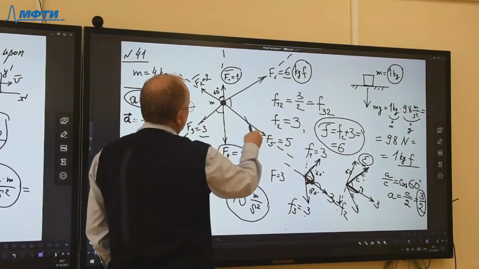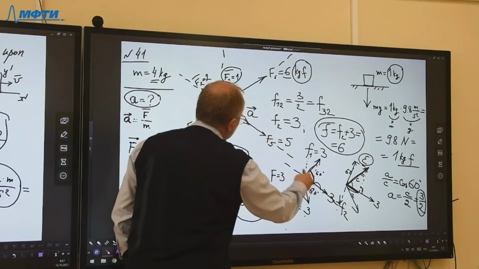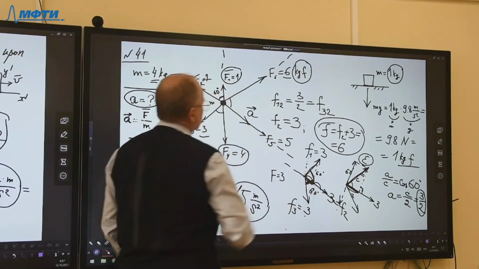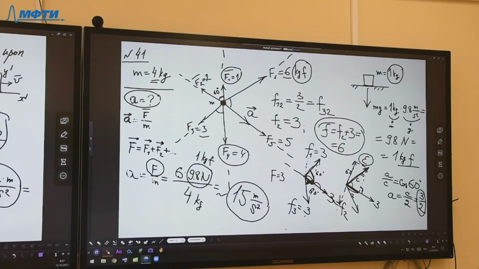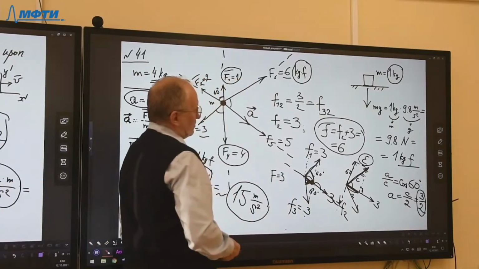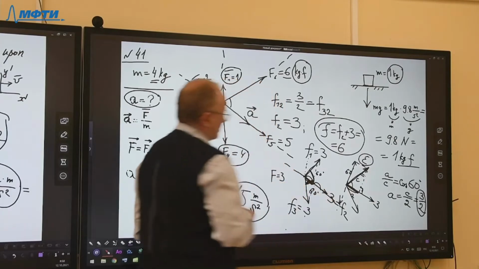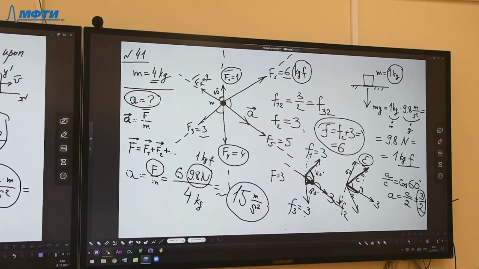So the vector of acceleration of the sphere will have this direction coinciding with the direction of force number 5 in this problem. And then, using simple geometrical considerations, we find the magnitude of this force, which consists of components of several other forces. Nothing more than geometry.